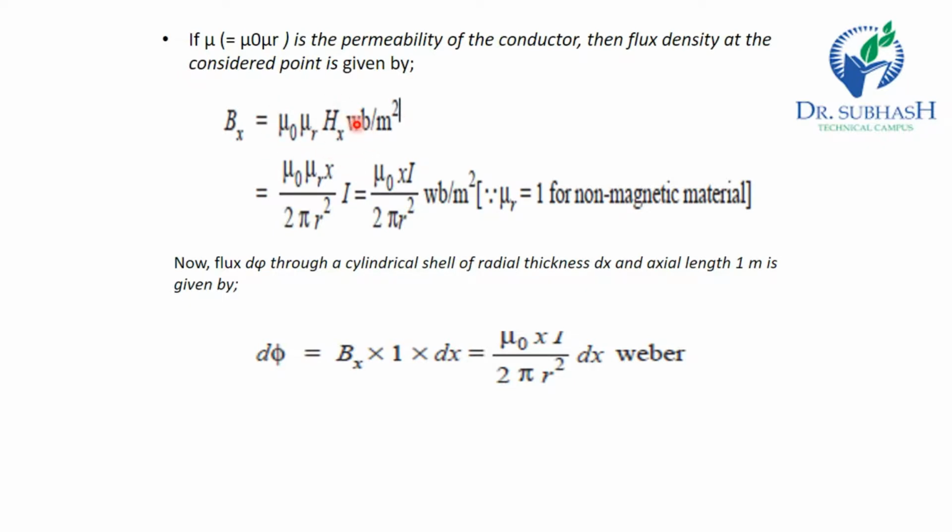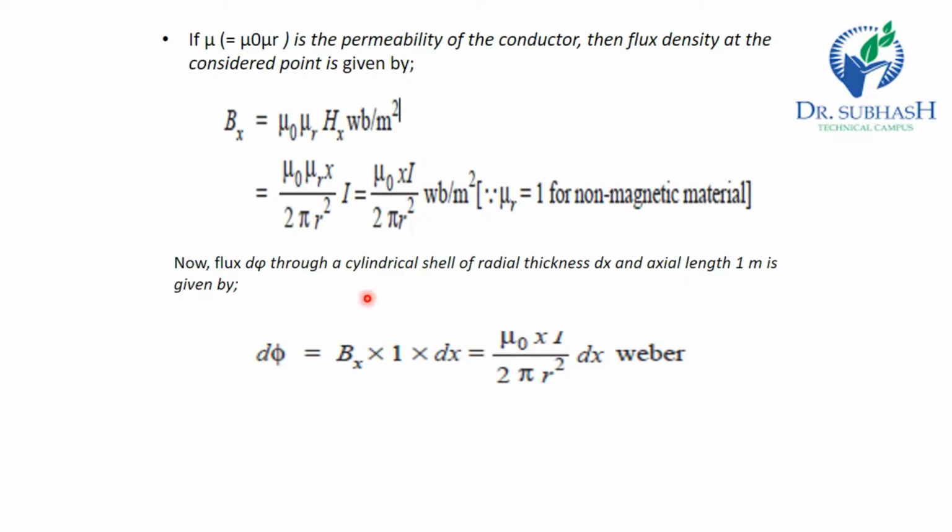Now putting the value of Hx from the above, we have this equation. Now mu r is equal to 1 for non-magnetic material. So putting mu r equal to 1, the final equation is Bx = mu 0 x I / (2 pi r square).